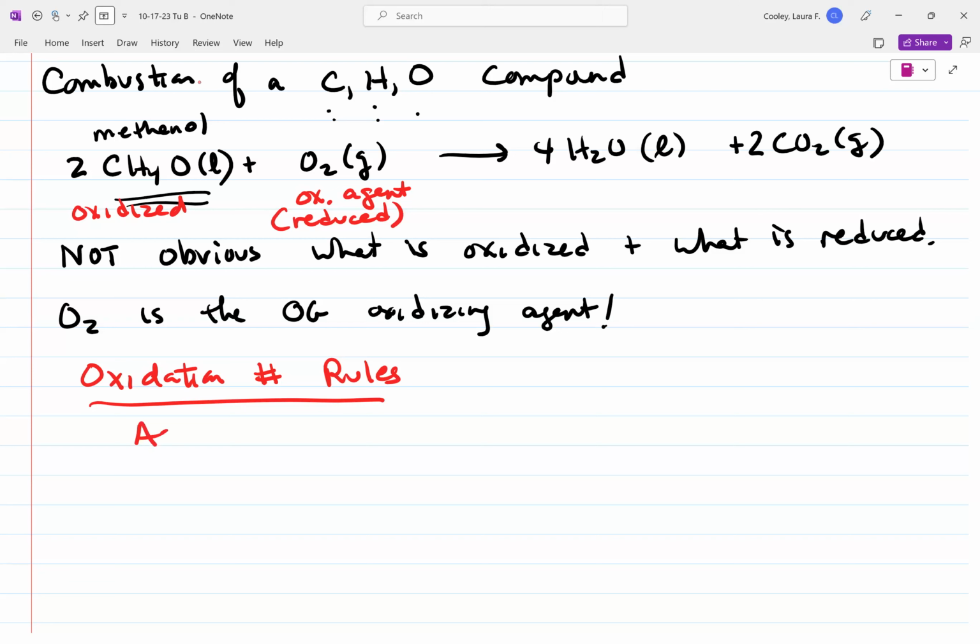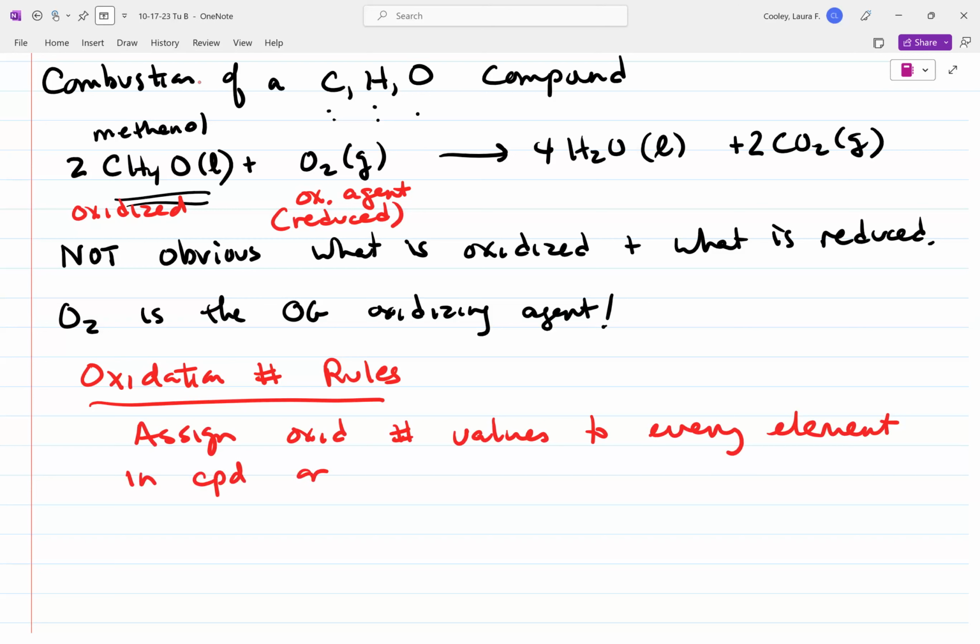These assign oxidation number values to every element in a compound in a reaction.